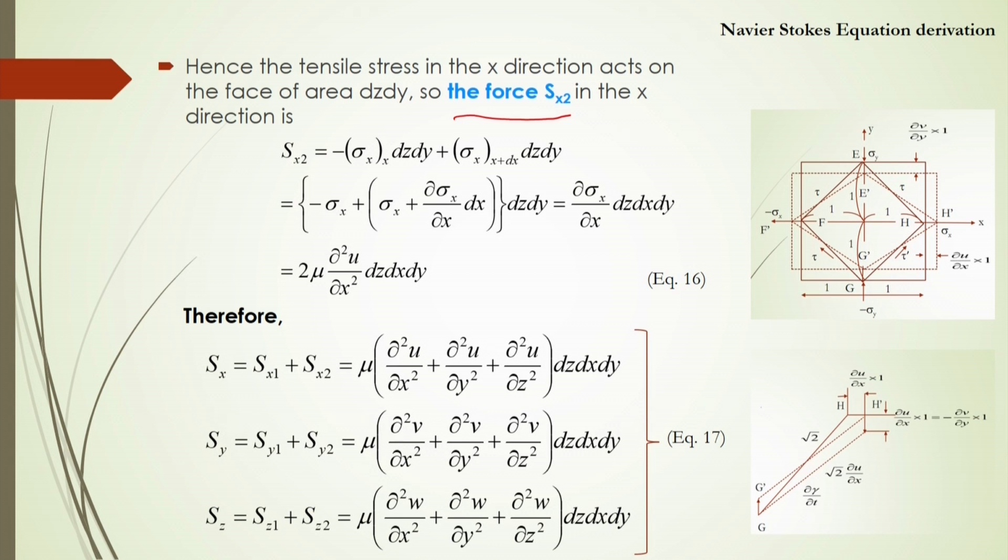That will be equal to minus sigma x into dz dy plus sigma x plus dx into dz dy. After subtracting, it will come as dou sigma x dou x into dx dy dz. So it will be equal to 2 into mu into dou 2 u dou x square into dx dy dz. This is your final S x 2.